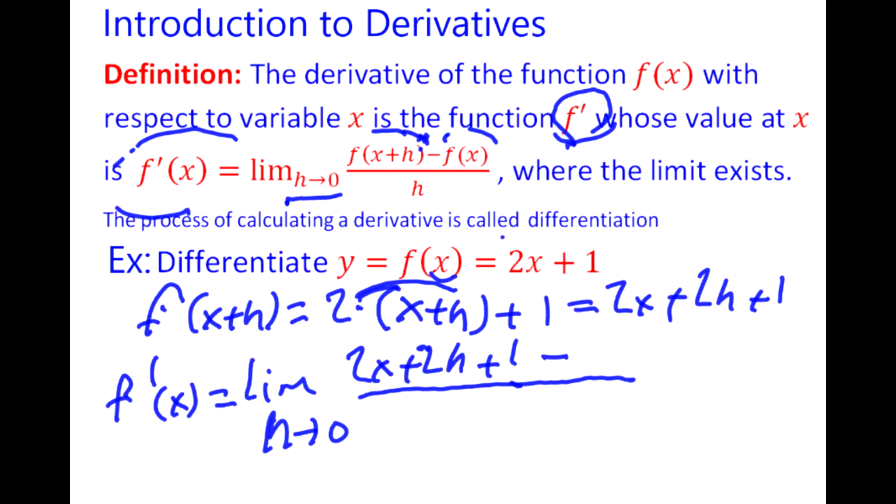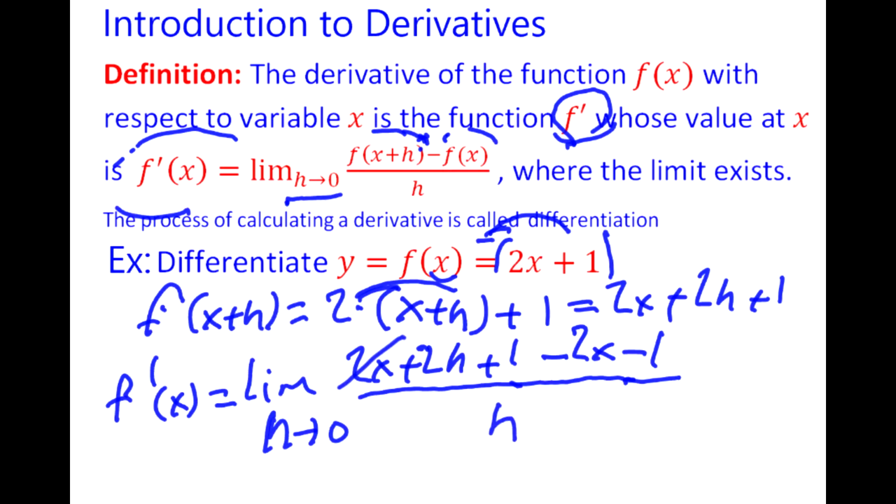Well, if you put minus instead of this f of x, then you're going to distribute this negative into parentheses, so it's going to be negative 2x minus 1, guys, and in the denominator we're going to have h, guys.